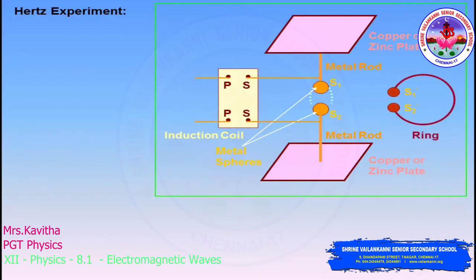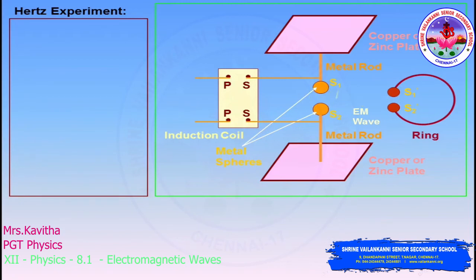These are placed in the same vertical plane about 60 centimeter apart. The plates are connected to two thick wires ending in highly polished brass spheres S1 and S2. The distance between the two spheres is only 2 to 3 centimeters.